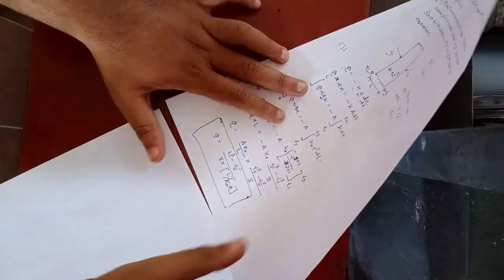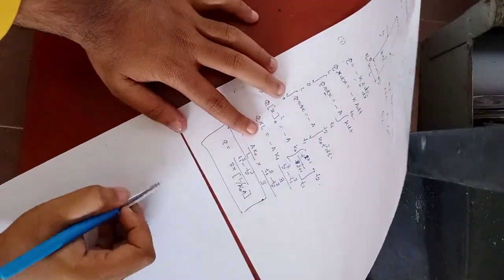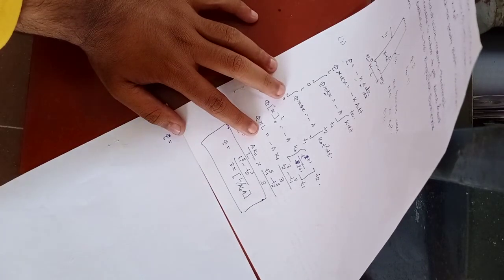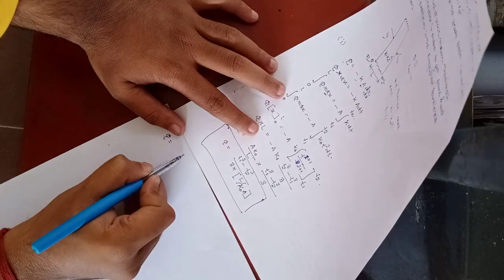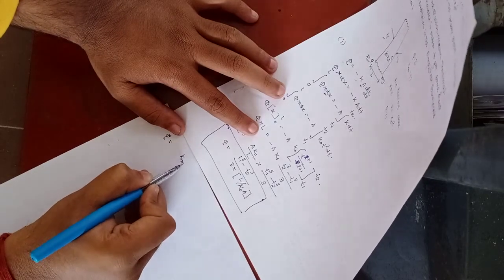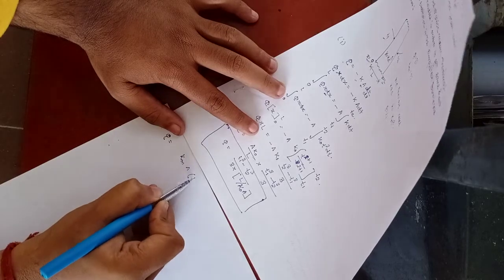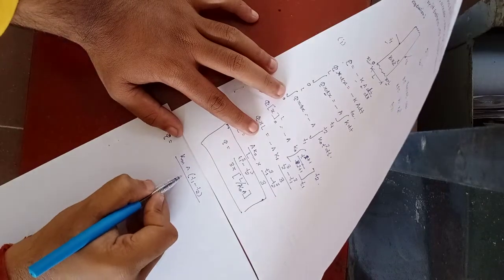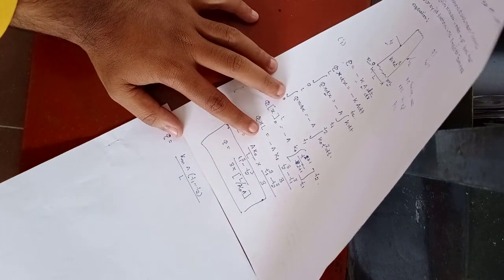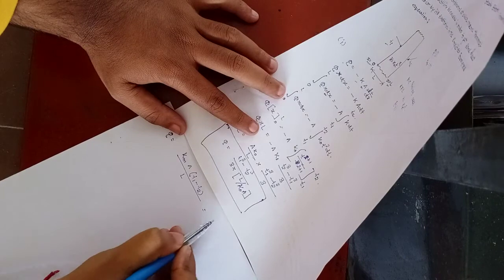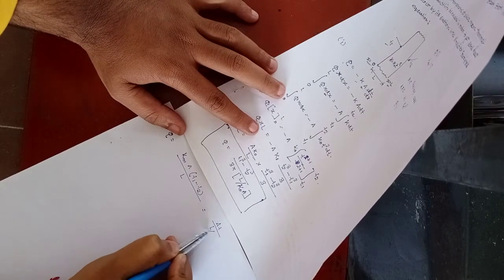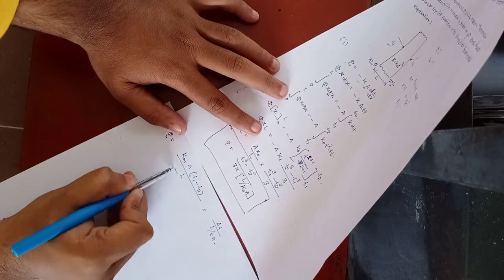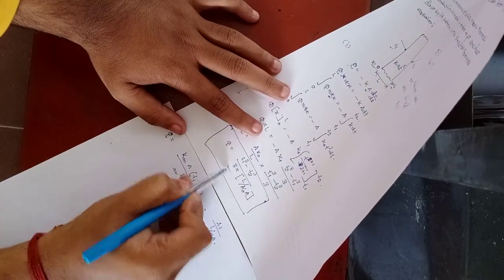If we take Q in terms of mean thermal conductivity, then Q is equal to Km into A into T1 minus T2 by L, the simple equation for a plane wall that we are following. It has been told that this Q and this Q are the same.